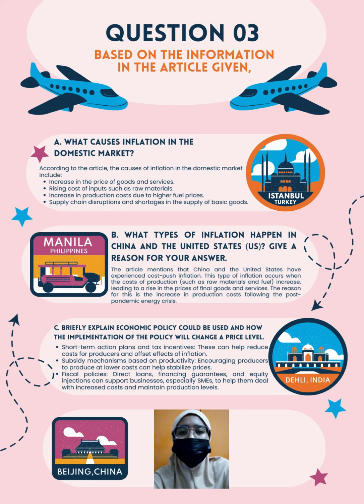C. Briefly explain what economic policy could be used and how the implementation of the policy will change a price level. Economic policy to address inflation can include: first, short-term action plans and tax incentives; second, subsidy mechanisms based on productivity; third, fiscal policy.